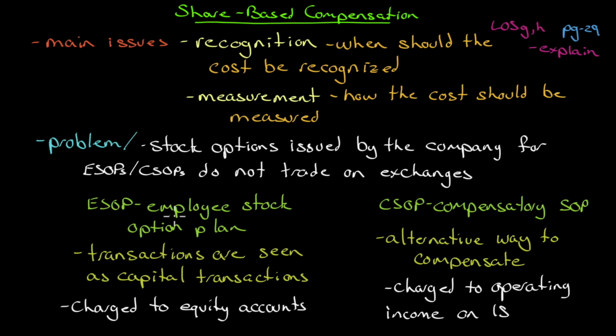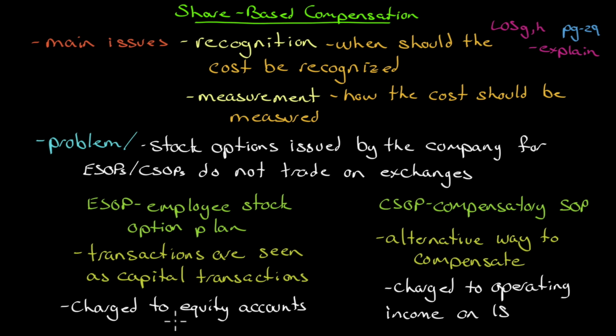The employee stock option plan, these transactions are seen as capital transactions. For the compensatory stock option plan, since it's an alternative way to compensate, they're charged to operating income on the income statement. Any employee stock option plan, if you're an employee, you may have the right to participate in the stock option plan. These are charged to equity accounts.